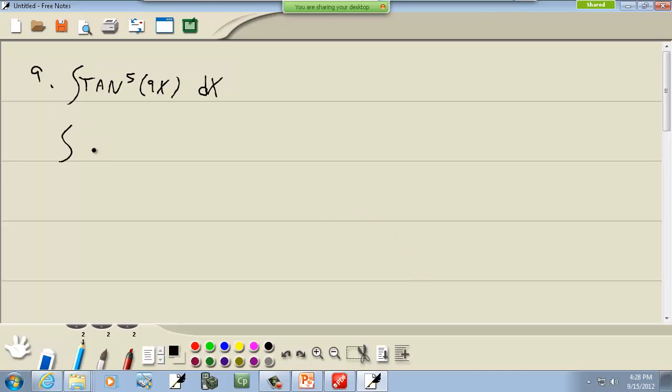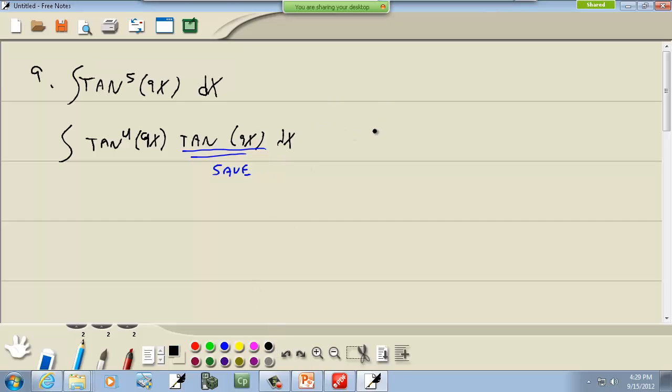Okay. So we got our tangent to the 4th, 9x, and here's our tangent of 9x. So again, that's going to be one part of our save. Hopefully we'll have another secant that we can tie in with that.